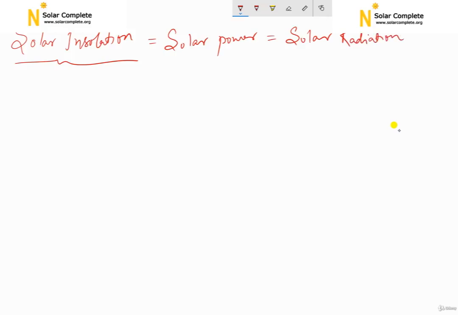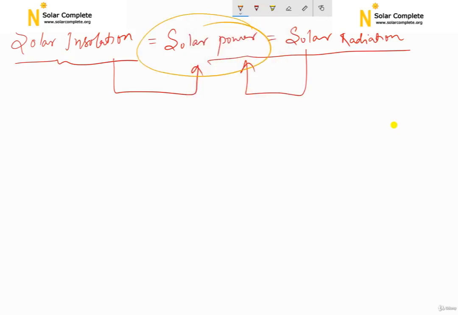Now let's talk about the unit of measurement. So for measuring solar power, we use the unit kW per meter square per day. Now instead of day, you can take here months or year.